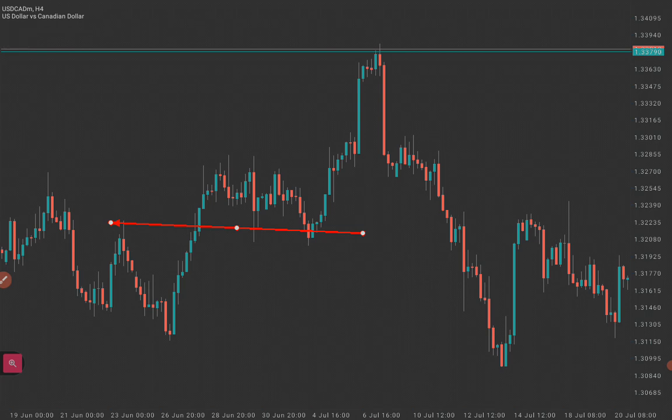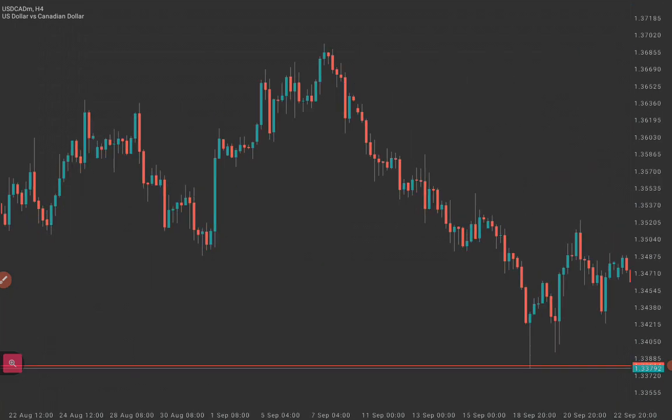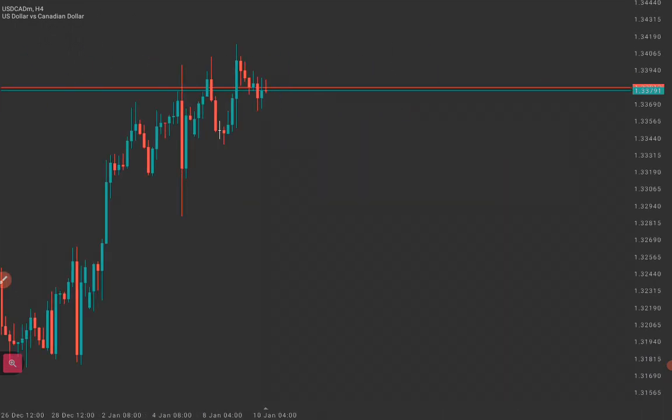So the next zone we're going to be talking about is the 3-week liquidity. This one is one of my best.